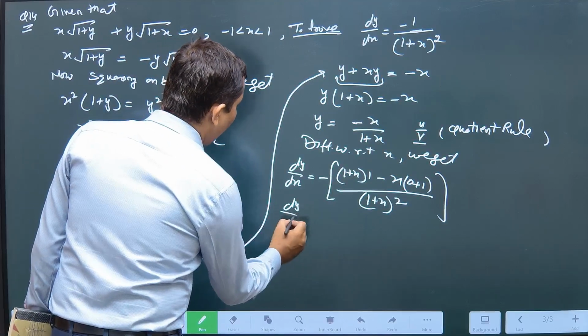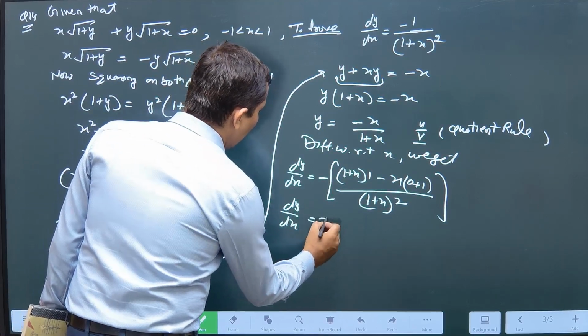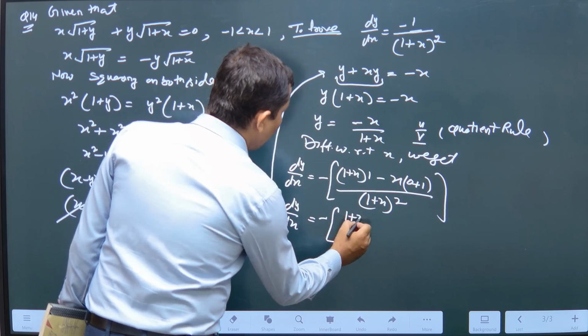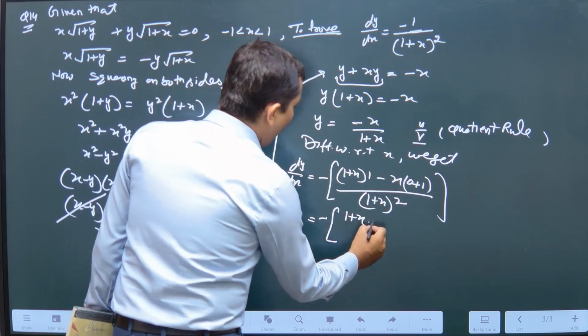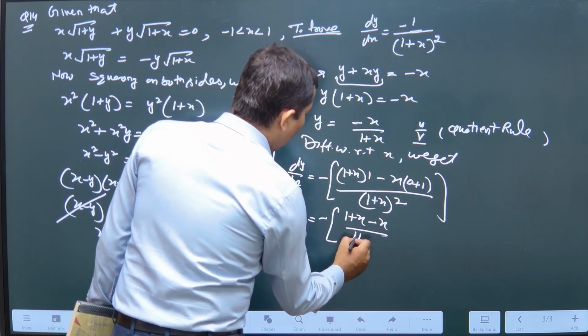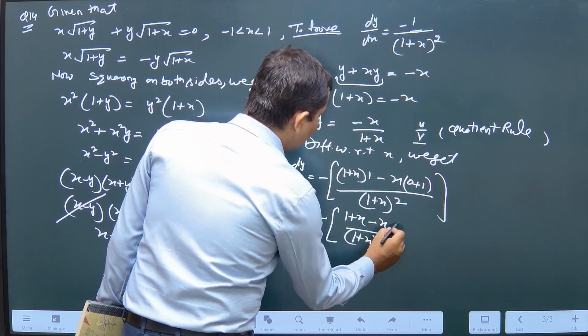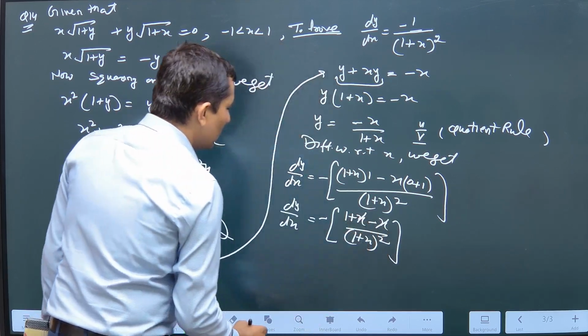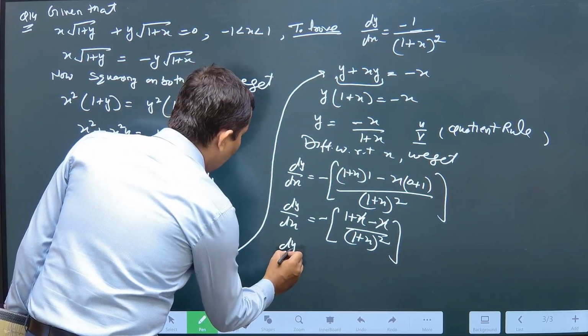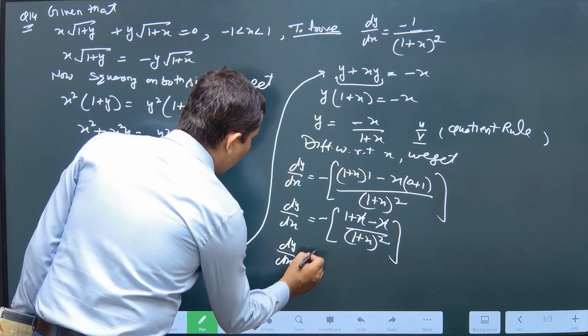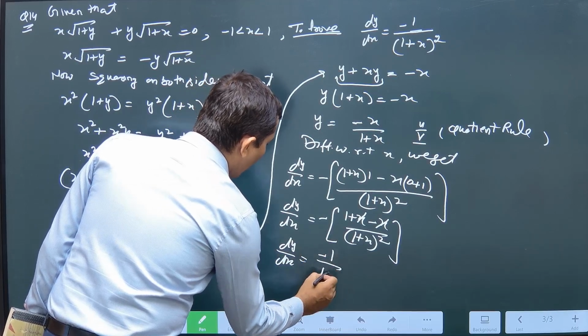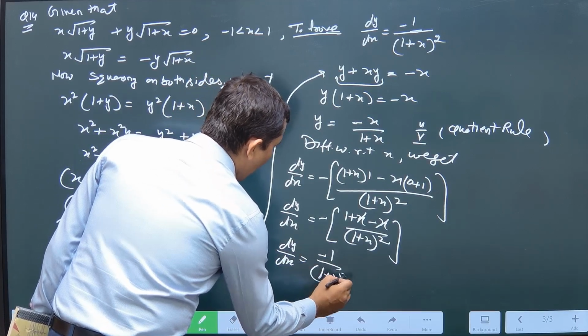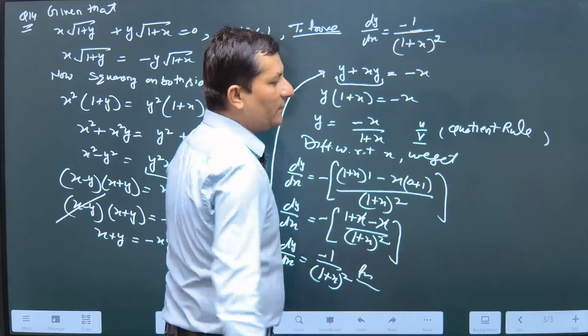Then your dy upon dx is equal to minus 1 plus x minus x upon 1 plus x whole square. This cancels. So your dy upon dx is equal to minus 1 upon 1 plus x whole square. It is your result.